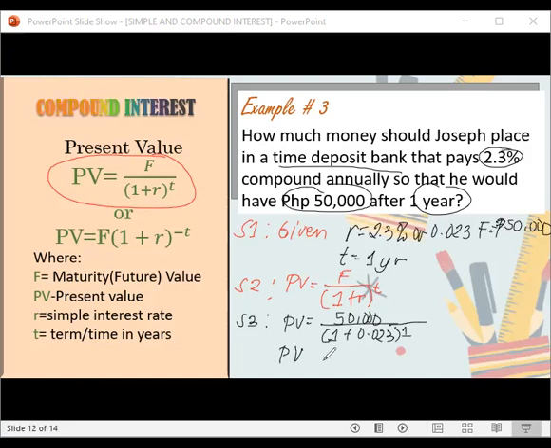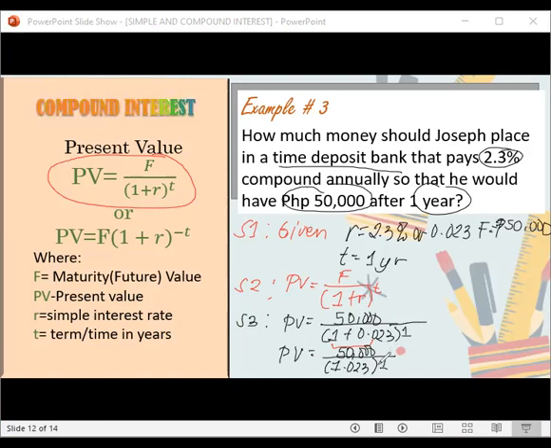Okay, so simplify using GEMDAS. Siyempre, unahin natin yung nasa loob ng parenthesis. So just copy 50,000. 1 plus 0.023, the answer is 1.023. Raised to 1.